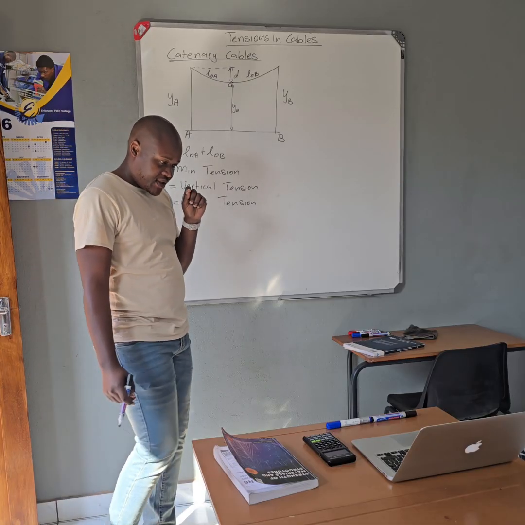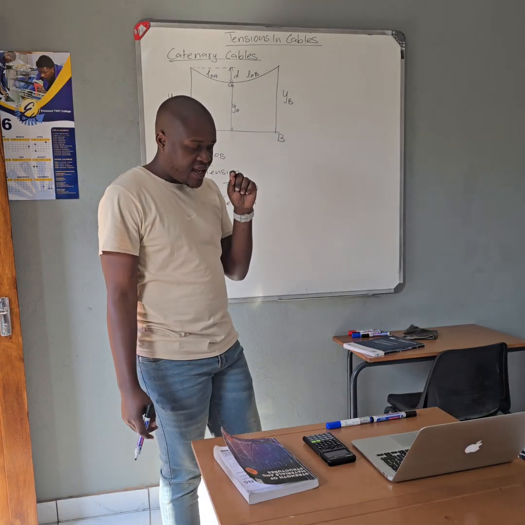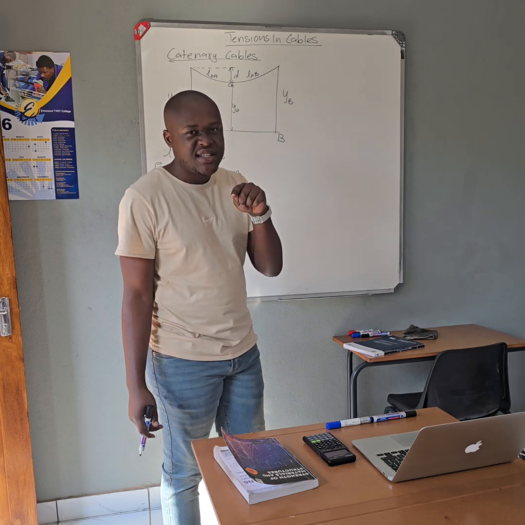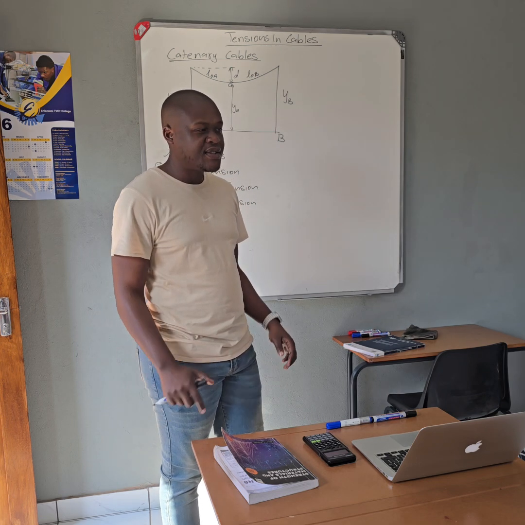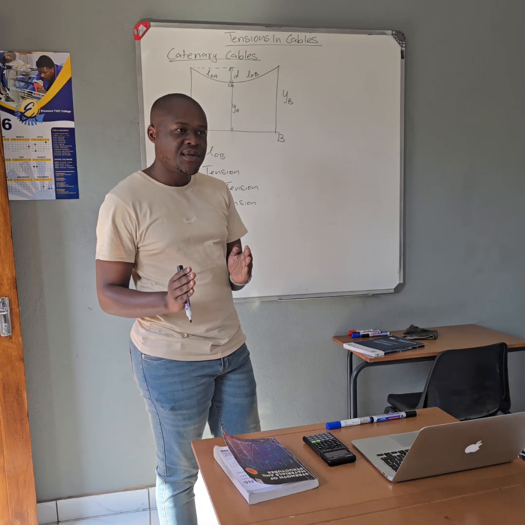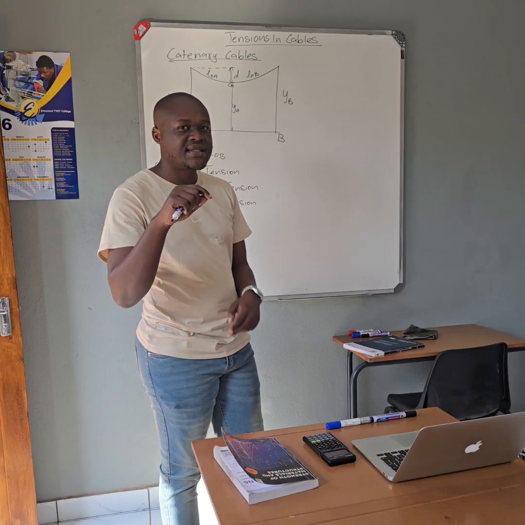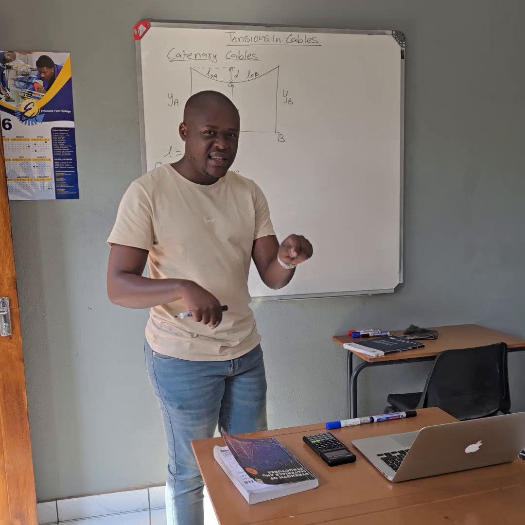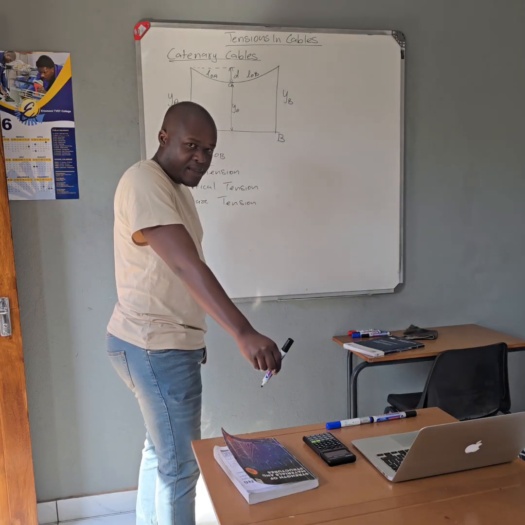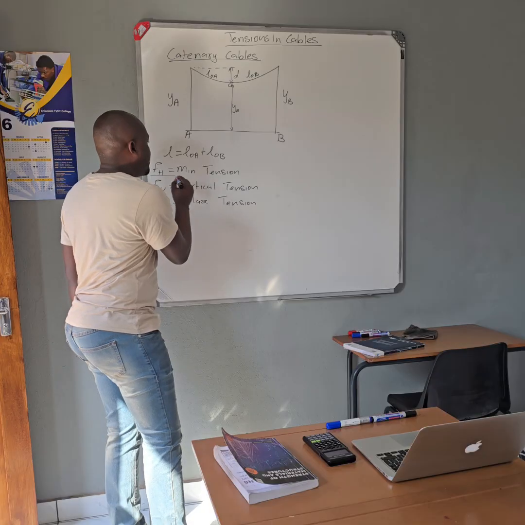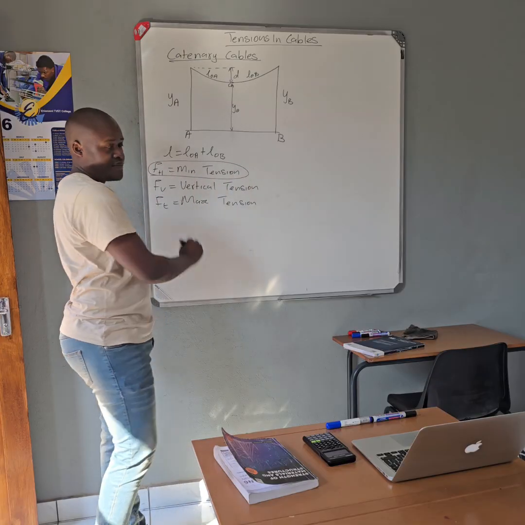The question may say, calculate the tension in the cable. You see, it's not specific to say maximum or minimum tension, but they are saying calculate the tension in the cable. Once they say in the cable, you are going to calculate FH.